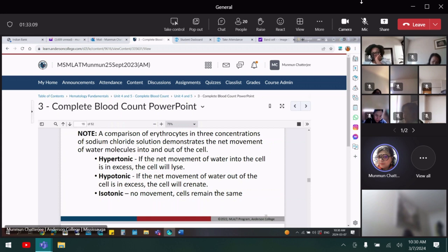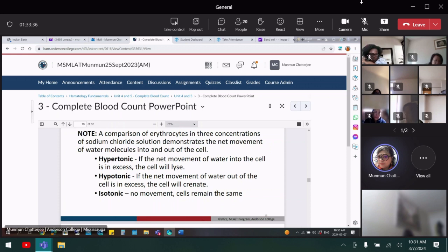So when there is a movement of water from the outside of the cell to the inside of the cell, what is going to happen? The cell volume is going to increase, because the cell has a specific elasticity. If more water is going inside the cell, at one time it is going to pop like a balloon.